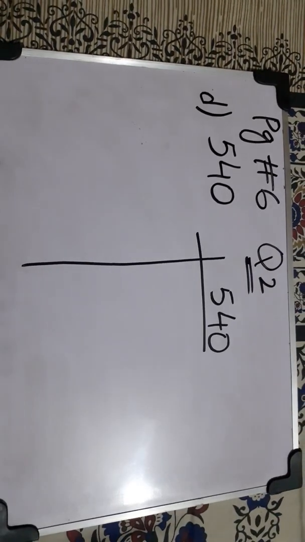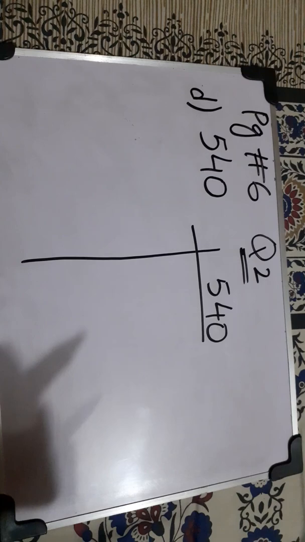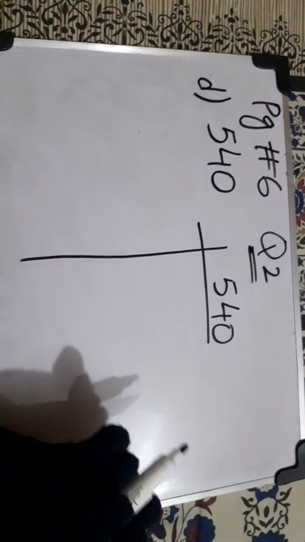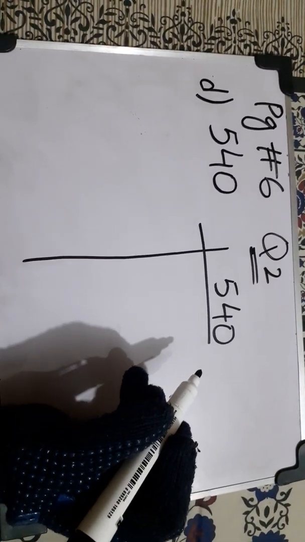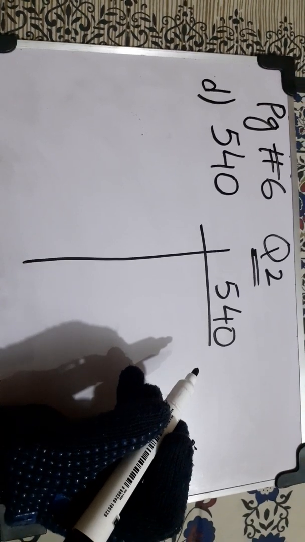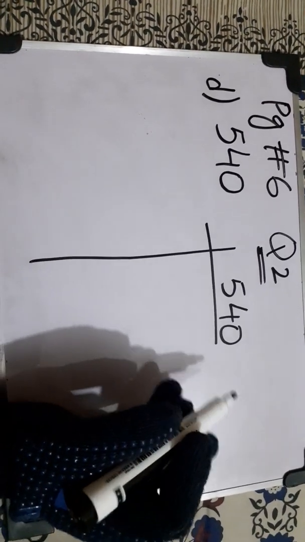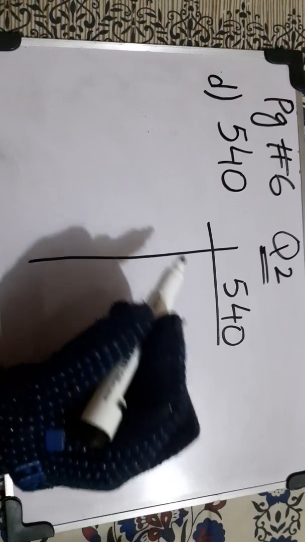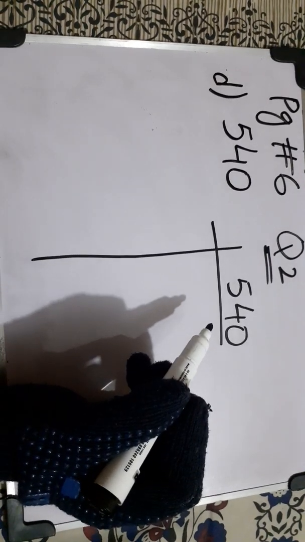Okay, so in question number 2, part D is 540, and we have to find its product in prime numbers. We have to find its products, which means we have to divide it, and after division we will find its products.